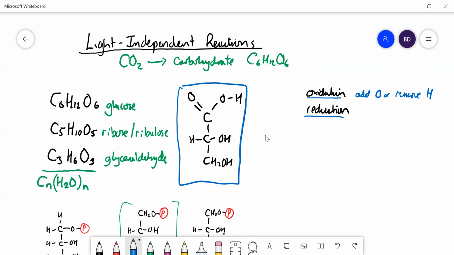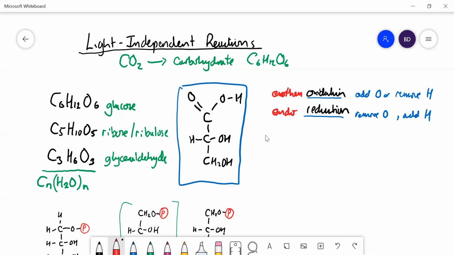Reduction is the opposite: remove oxygen, add hydrogen. Also, oxidation is nearly always exothermic, whereas reduction is endothermic. So that's a lot harder to do, because endothermic reactions tend not to be thermodynamically possible. Most reactions you come across are exothermic.